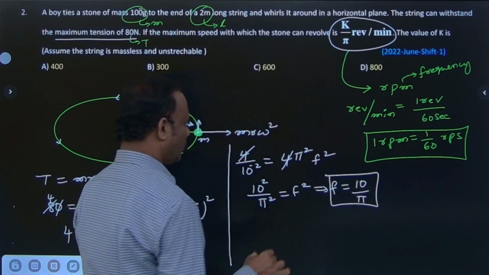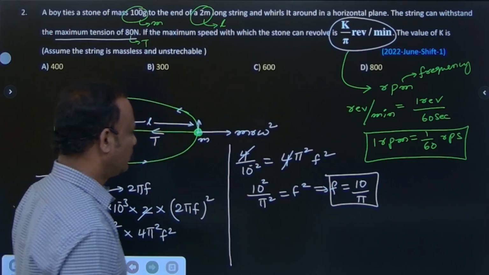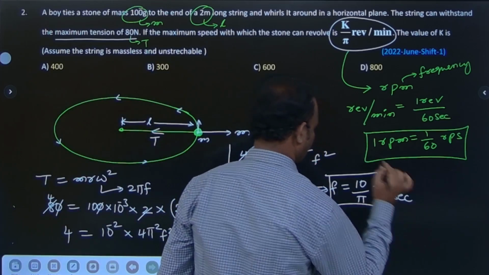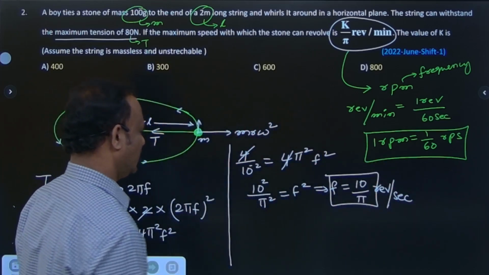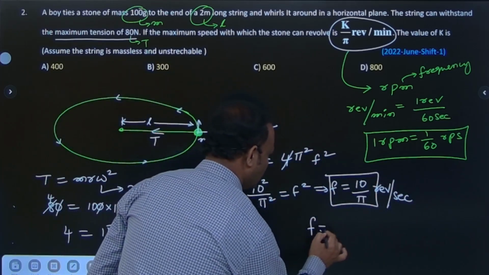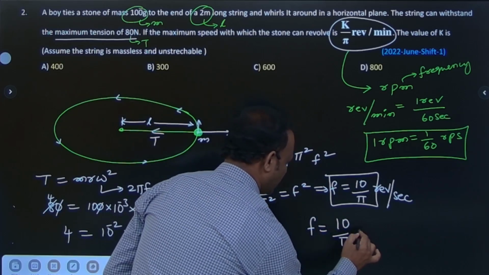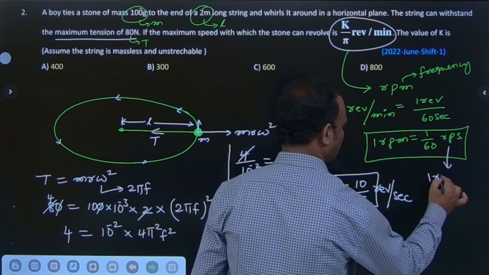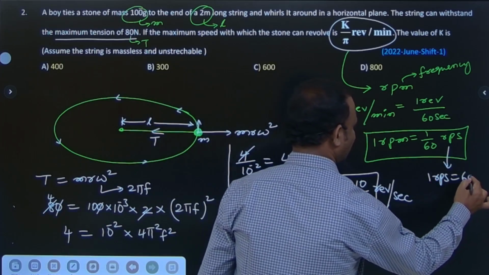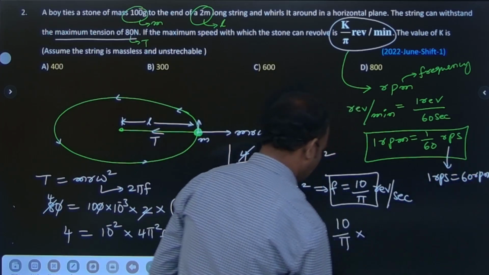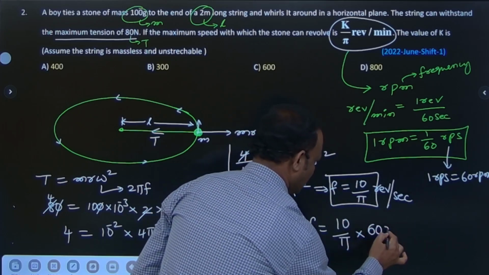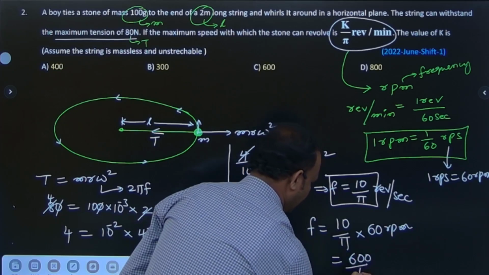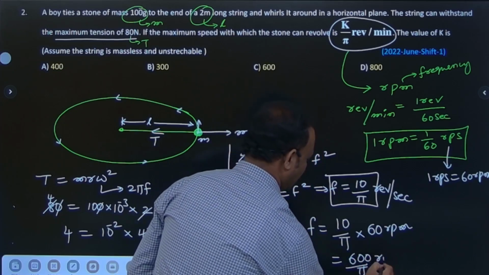What are the units of this frequency? It is revolution per second. So f is equal to 10 by pi revolutions per second. 1 RPS is equal to 60 RPM, so it is 600 by pi RPM.